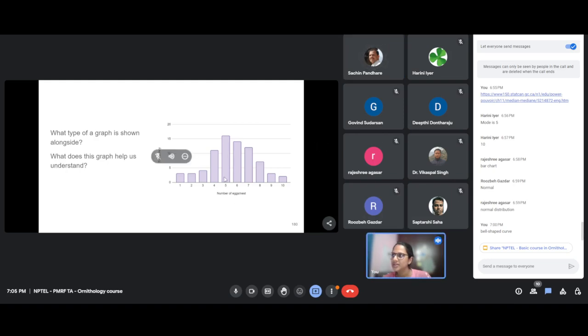So you're asking whether it will be a value between 5 and 6? I am not sure, because what I looked up is that for odd numbers it will be the central number, but if it is even, it is the average of the middle two numbers.